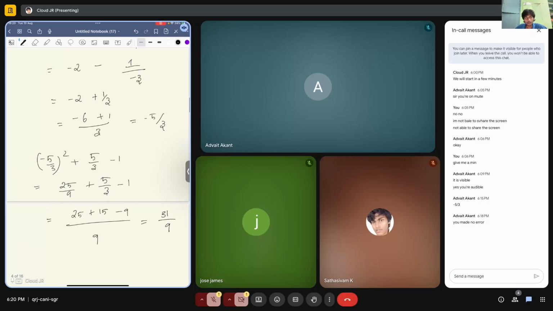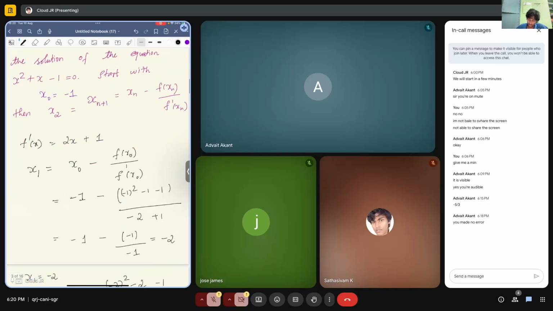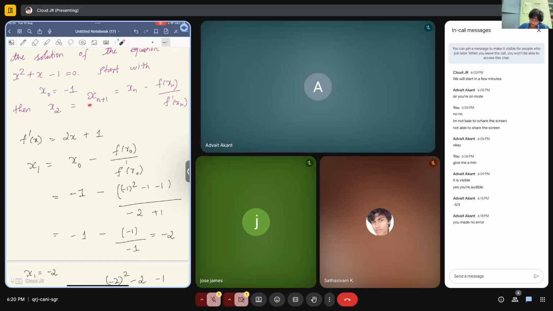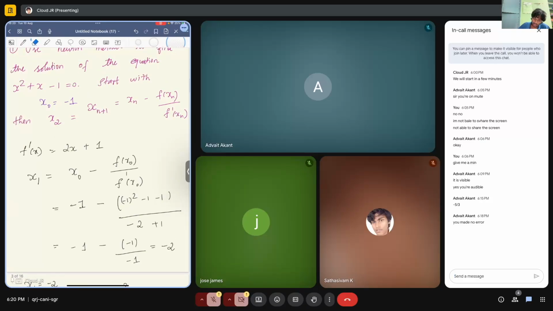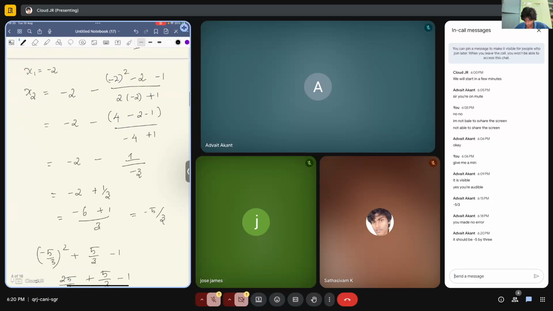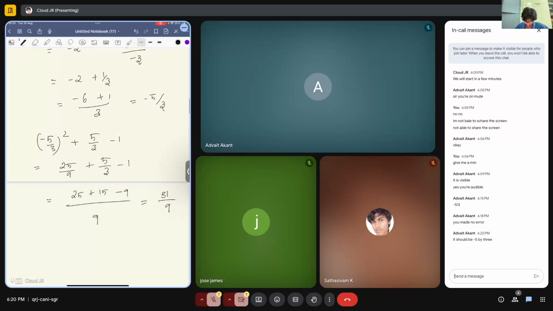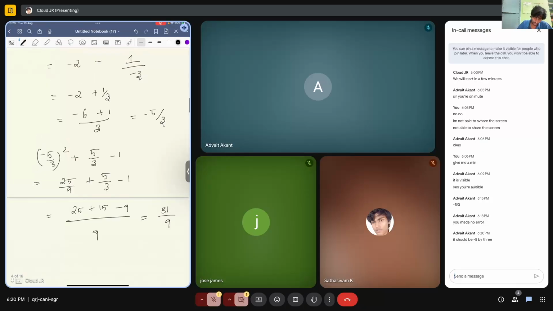But the point is, it is not equal to 0. With only the first few iterations, you may not get a 0. You have to keep applying the iteration, and eventually you will end up getting the 0. But we are just trying to find the second one, which should be minus 5 by 3. Oh, sorry.